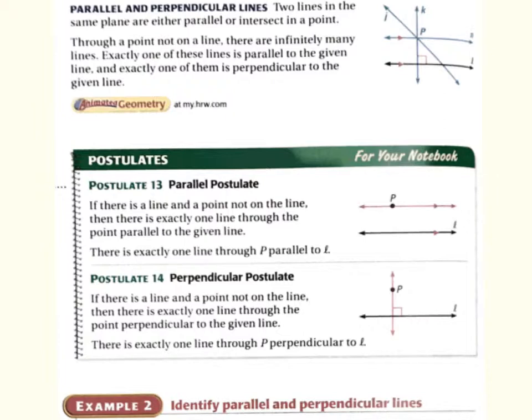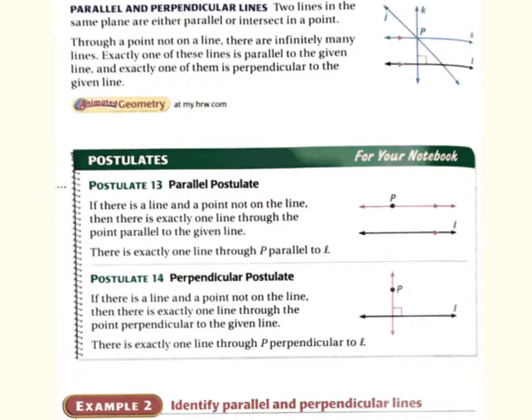And this brings us to our next two postulates. We have first the parallel postulate. That one says if there is a line and a point not on the line, then there is exactly one line through the point parallel to the given line.